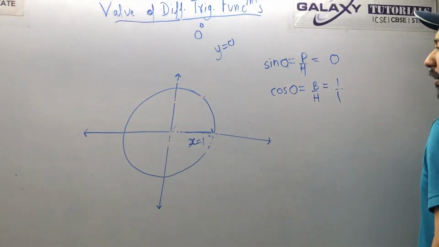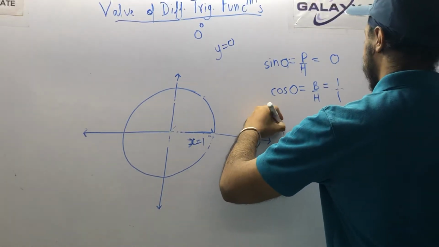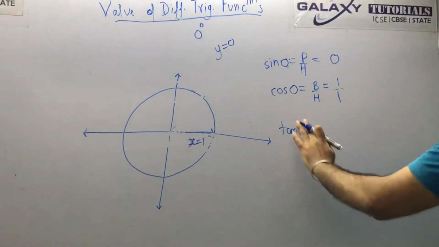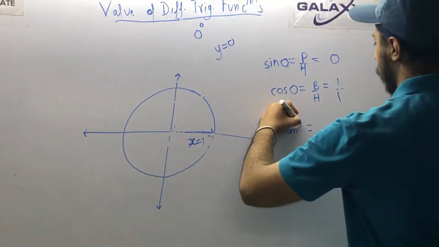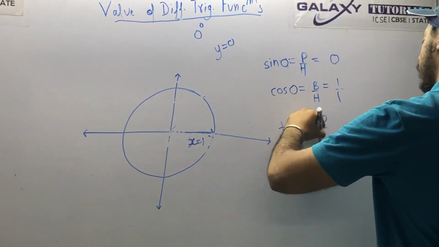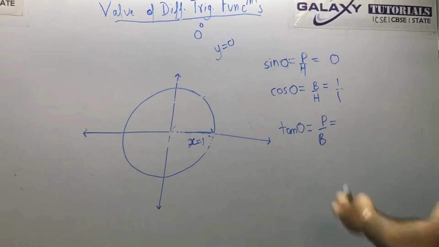Okay, and next one is tan of 0. Tan theta is perpendicular upon base. Perpendicular is how much? 0.